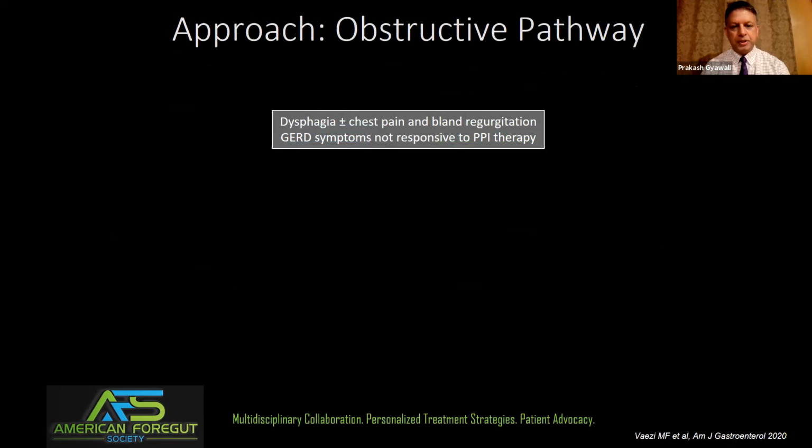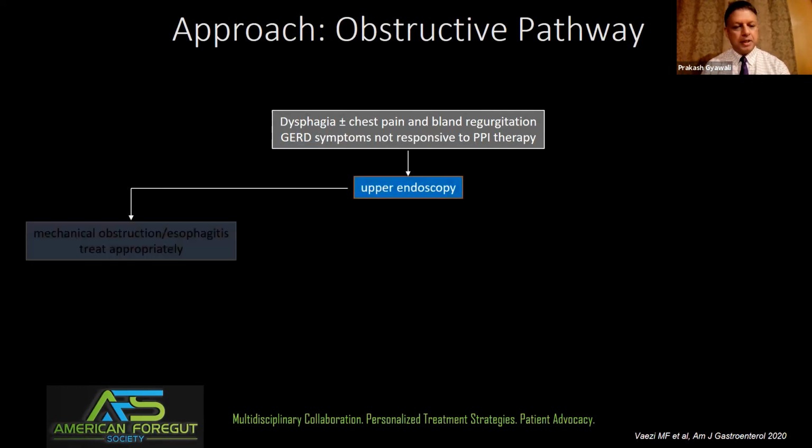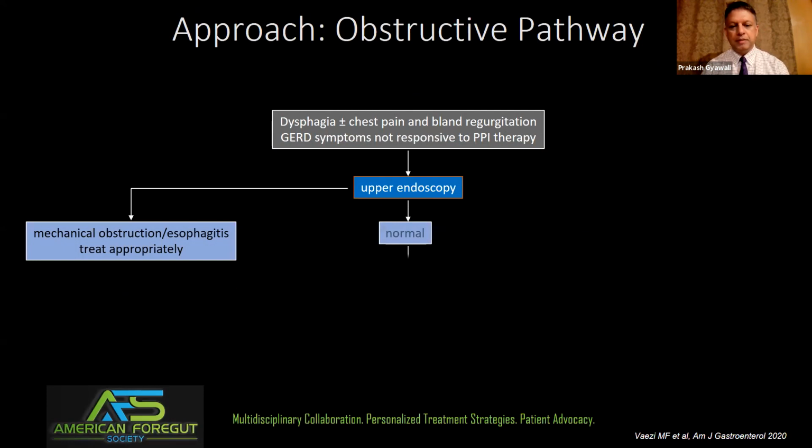The obstructive pathway starts out when somebody has dysphagia with or without chest pain and bland regurgitation. Here you're looking for an obstructive disorder in the esophagus. And you can see here that on upper endoscopy, there is overlap with reflux because mechanical obstruction can result from esophagitis and from strictures, which is actually part of reflux disease. So it's important to make that distinction with the investigation.